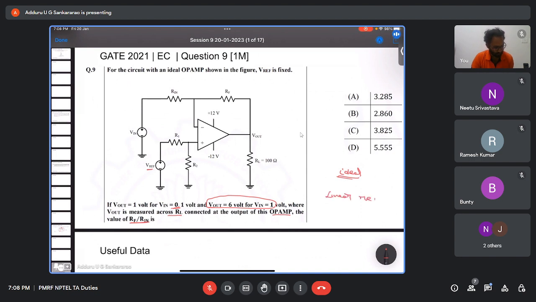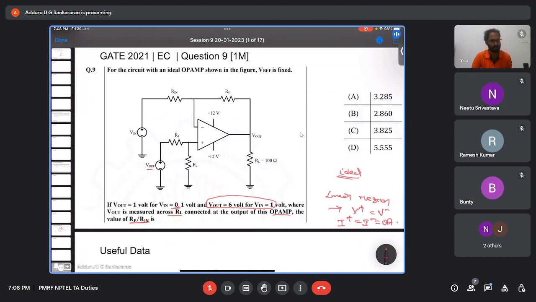The op amp operates in two regions, linear and saturation. When it is operating in the linear region with negative feedback, the voltage at the non-inverting terminal equals the voltage at the inverting terminal, and the current drawn at both terminals is 0 amps.